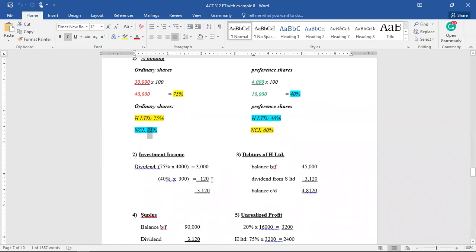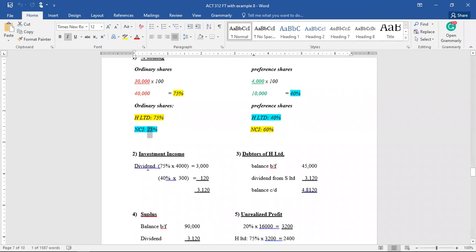Then note 2, I look out for my investment income. So now if I say investment income, you already know what constitutes investment income.